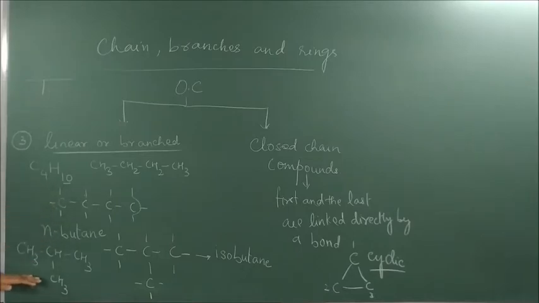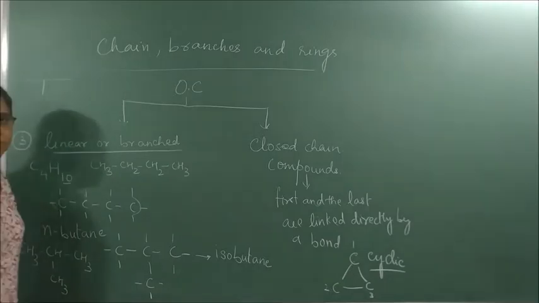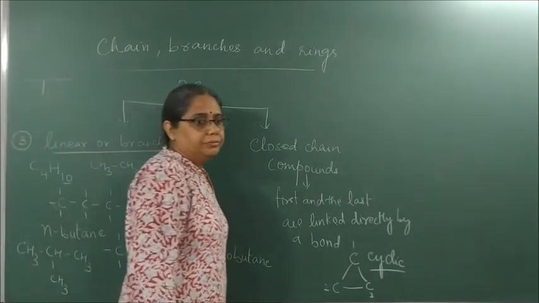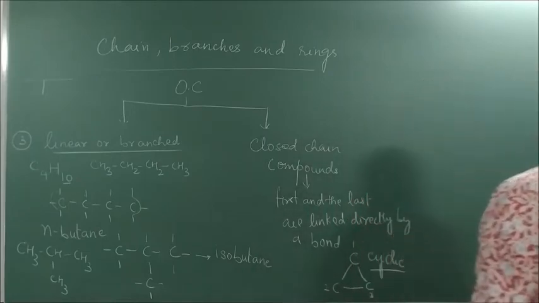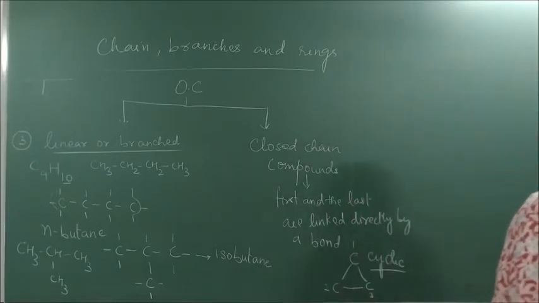Write first these two. The chain can be linear or branched. Linear is called n or normal butane, but remember the n should be small and not capital N, because capital N will represent nitrogen. Linear is called n-butane or normal butane.